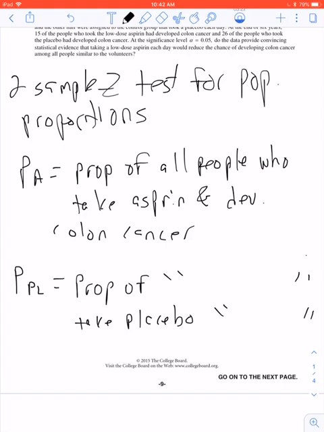Alright, so it's almost the same language for both. The top one is the proportion of all people who take aspirin every day and develop colon cancer, and PL is going to be the proportion of all people who take the placebo every day and develop colon cancer.